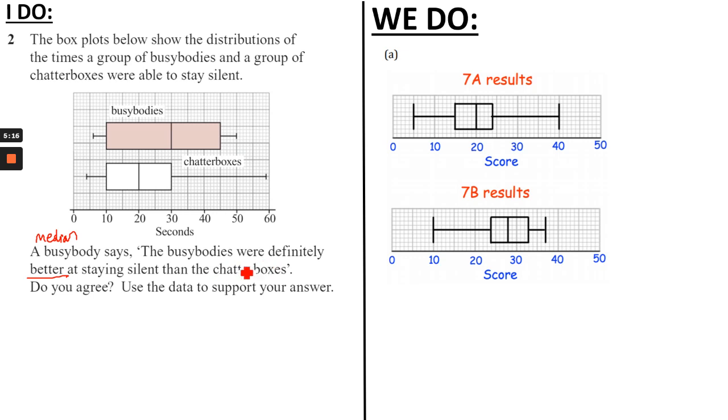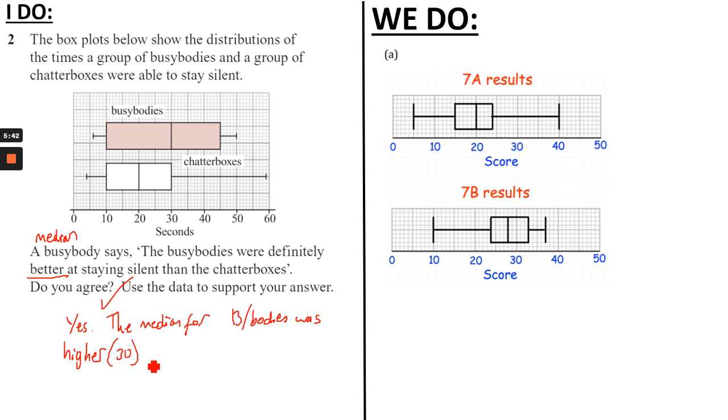So it says the busybodies were definitely better at staying silent. Well, their median is higher, so they were silent for longer. So do you agree? Yes, the median for the busybodies was higher. Then put some evidence, make it really obvious to the examiner that you know what you're talking about.